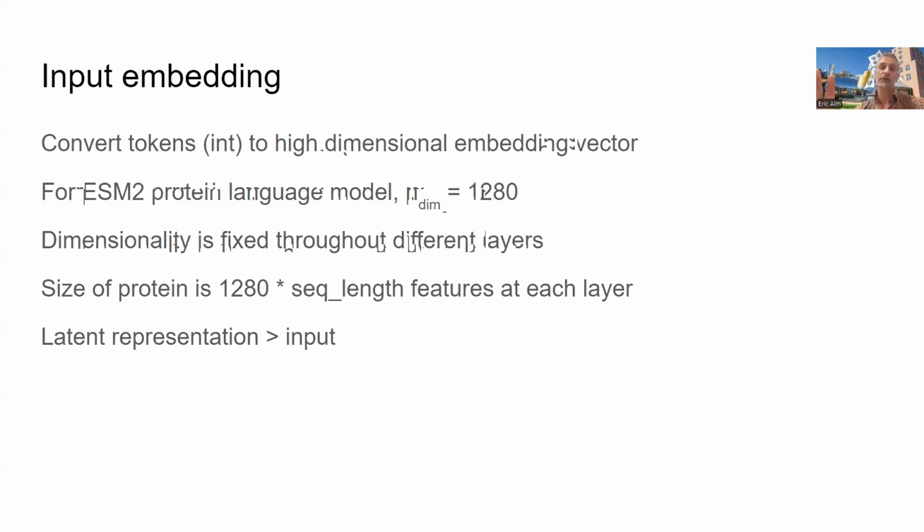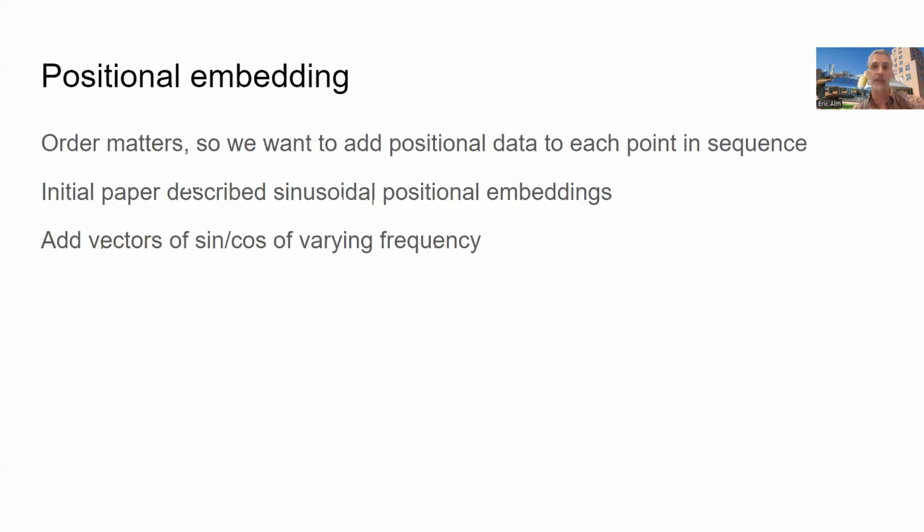But once we push it through these transformer blocks, the embedding that comes out is going to have a lot more information than the vector that we put in. And that information is coming from, in ESM2's case, the 650 million other protein sequences that it's been trained on in the past.